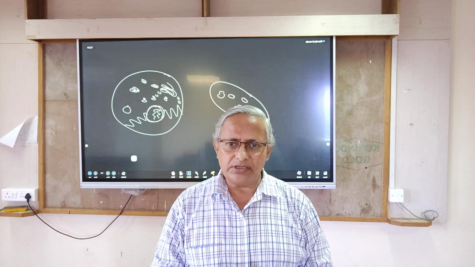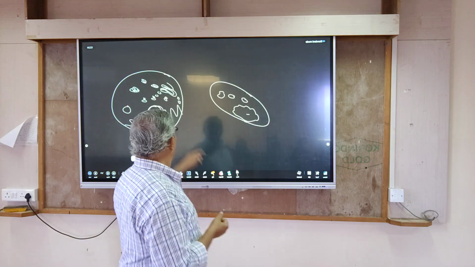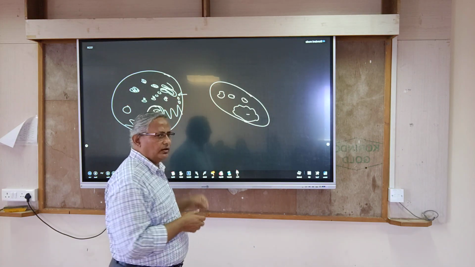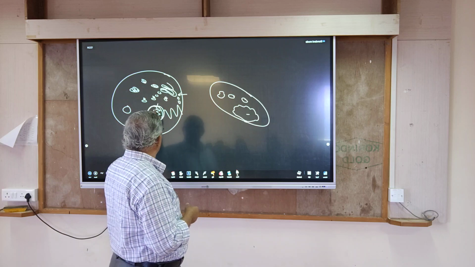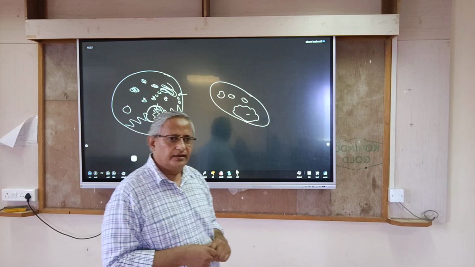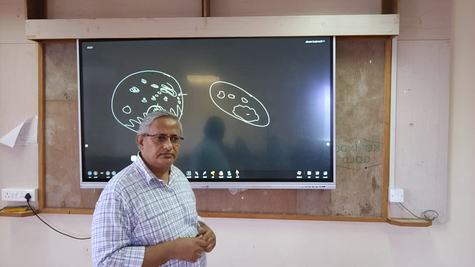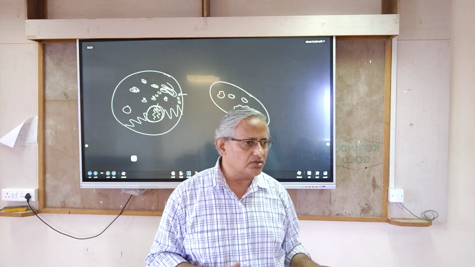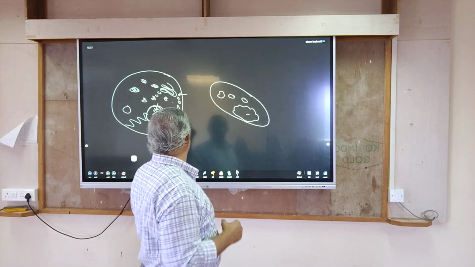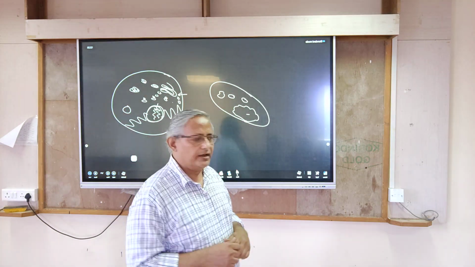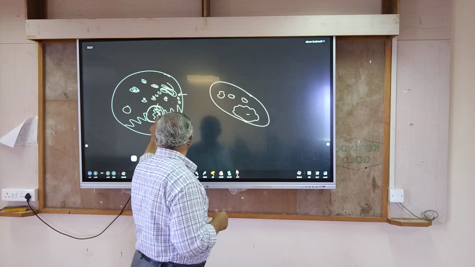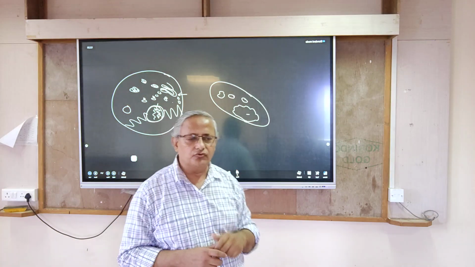Uptake happens at two places: through the cell wall, and through the nuclear envelope. If it is only in the cytoplasm, it has no future. But once it goes into the nucleus and integrates with the cell's own DNA, there is a future for it.